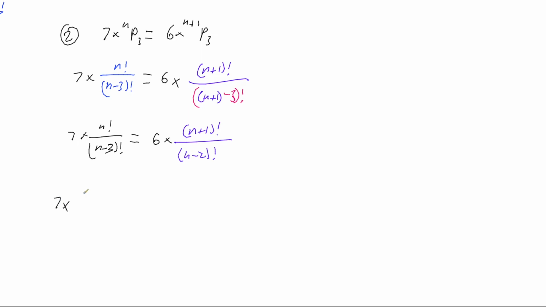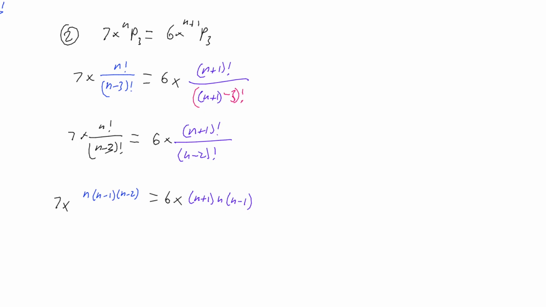So I've got 7 times n times n minus 1 times n minus 2, and everything from n minus 3 onwards will cancel, so I'm just going to leave it as that, equals 6 times, well, we've got n plus 1, n, n minus 1, and everything from n minus 2 will be cancelled out by the denominator.